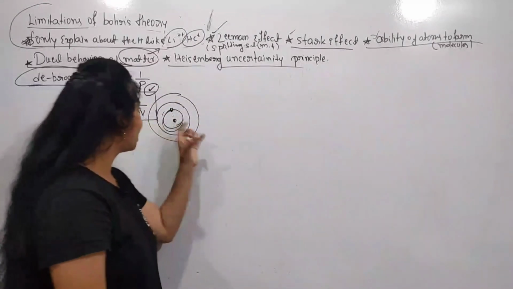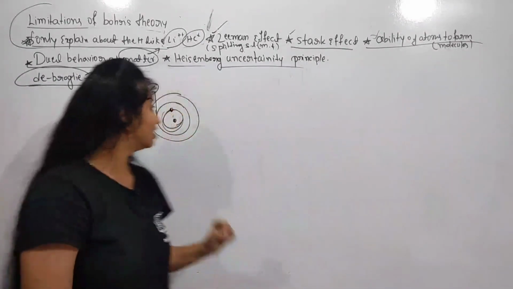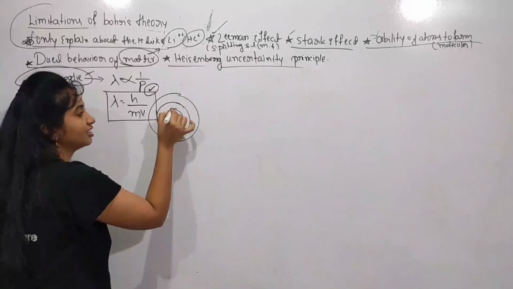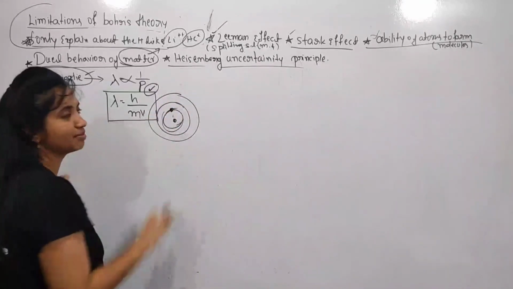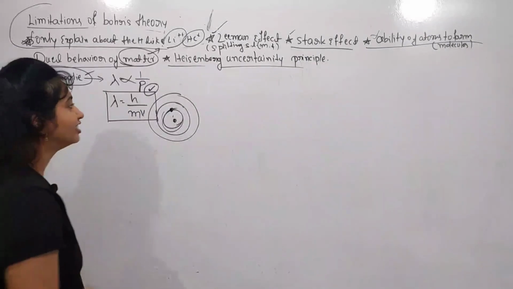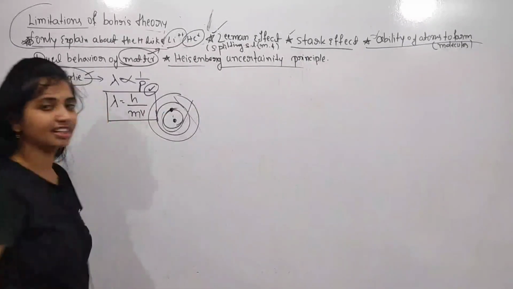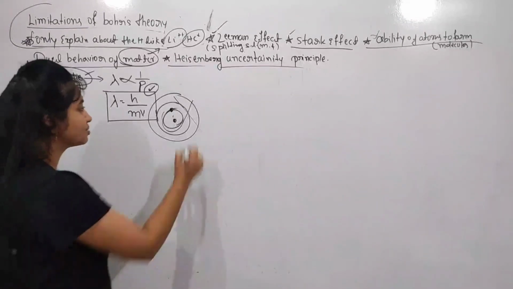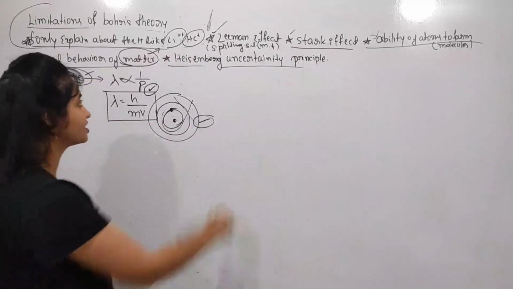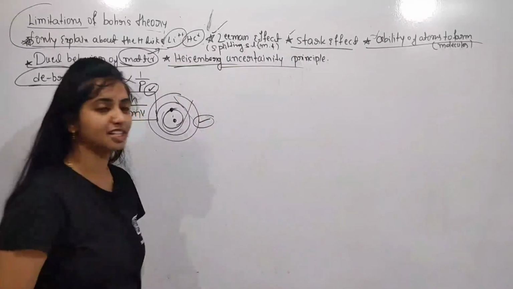But that cannot happen. We can't determine the position and the momentum of an electron simultaneously. Why? Because there is no definite trajectory path. This important information is given by Heisenberg.